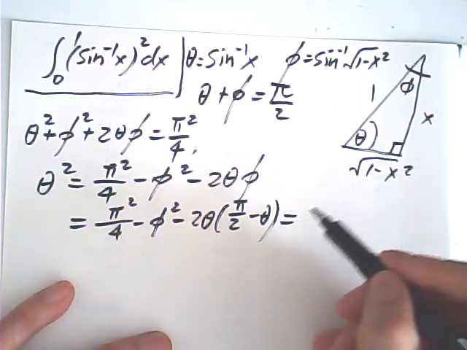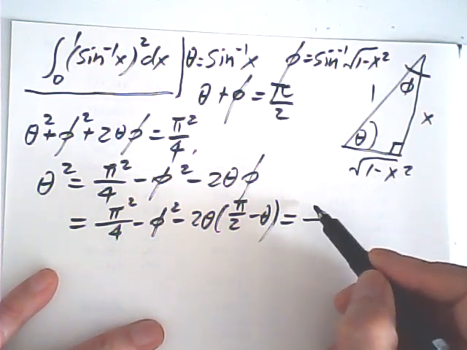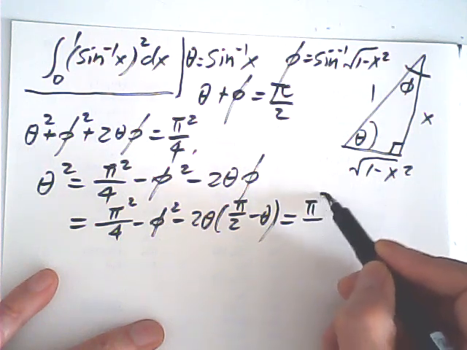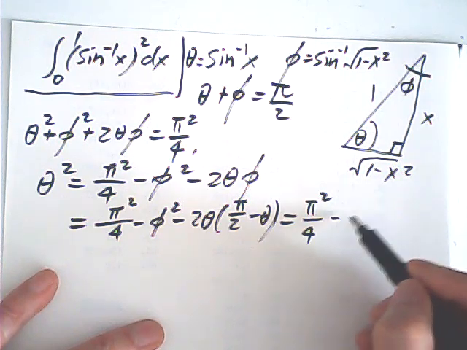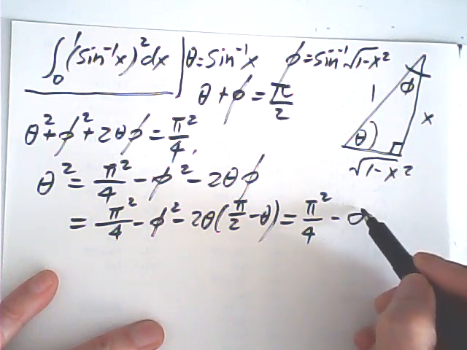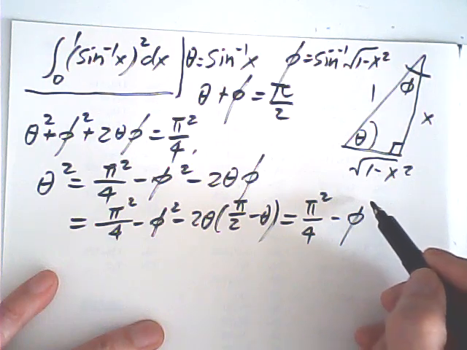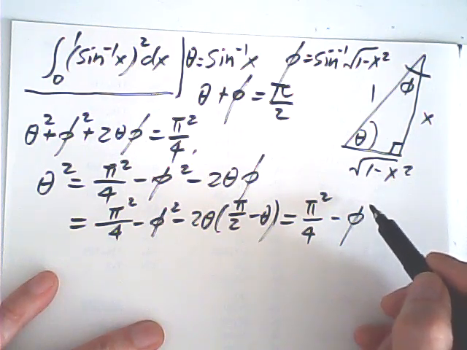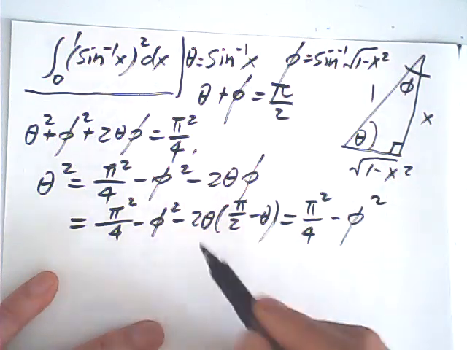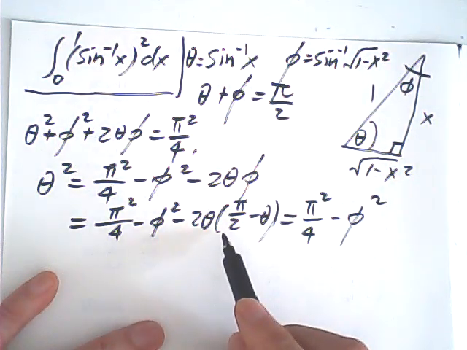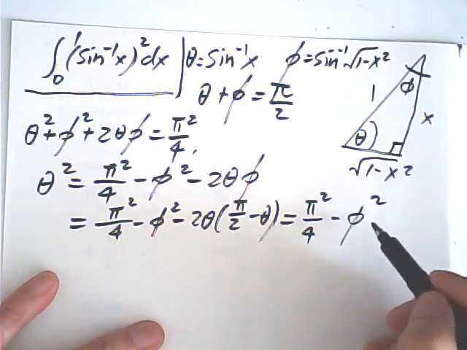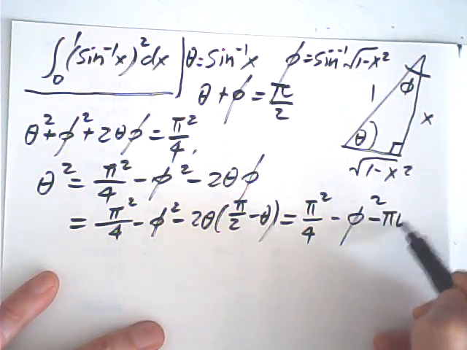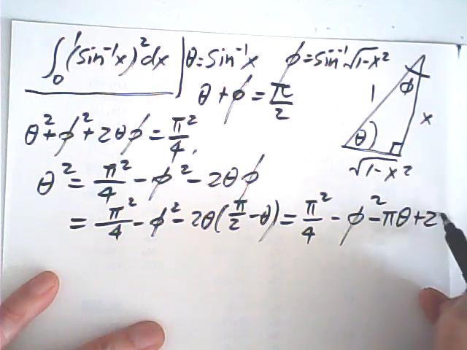So this one is equal to quarter pi squared minus phi squared, minus pi theta plus 2 theta squared, right?